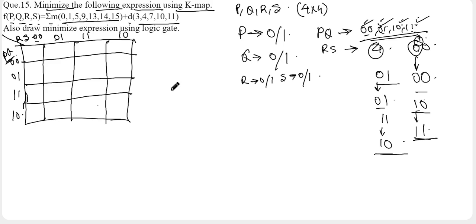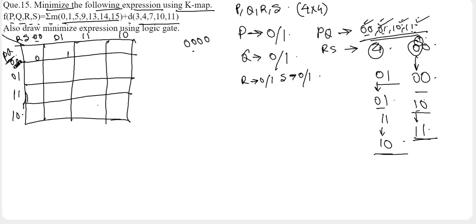Okay, so now we need to mark the cell numbers. This cell will have a row value of 0 0 and a column value of 0 0. If we combine those two, we will get 0 0 0 0, which will give us the value of 0. For the next cell, it will have a row value of 0 0 and a column value of 0 1, which will give us a cell value of 1.